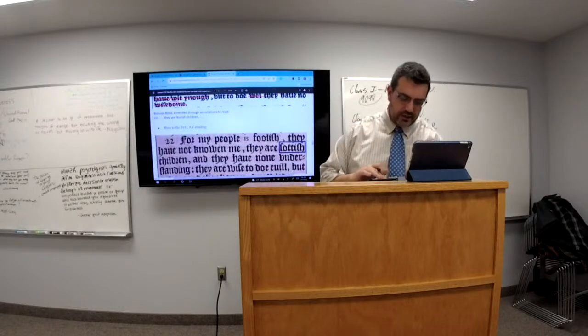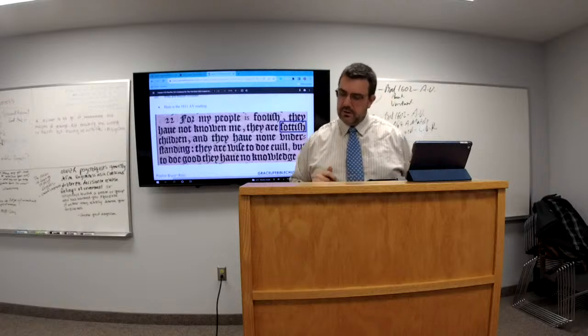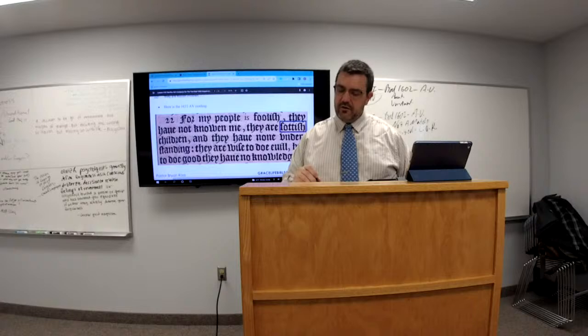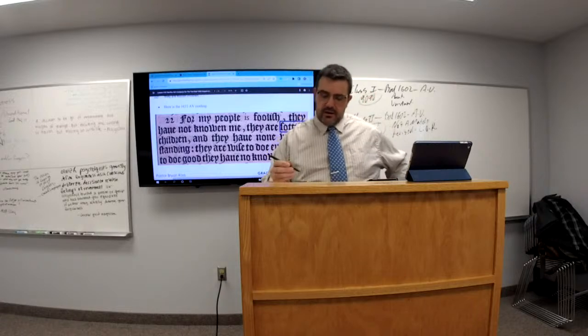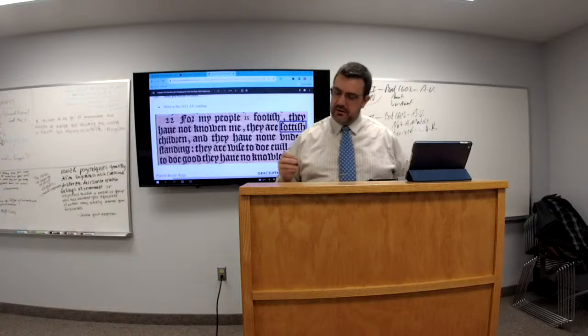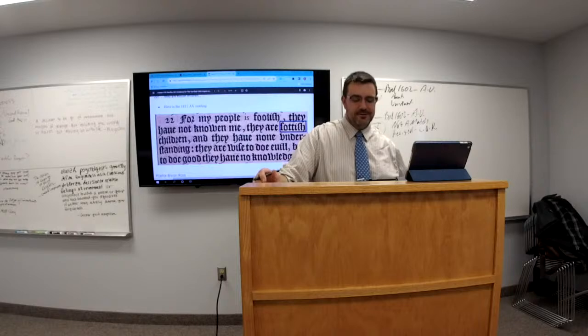So probably I should add it there because it does record a difference. But then if you look at the King James, it says, "for my people is foolish," which matches. In italics, it would say "for my people is foolish. They have not known me. They are sottish."